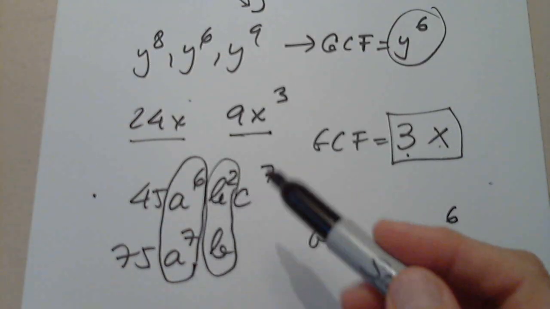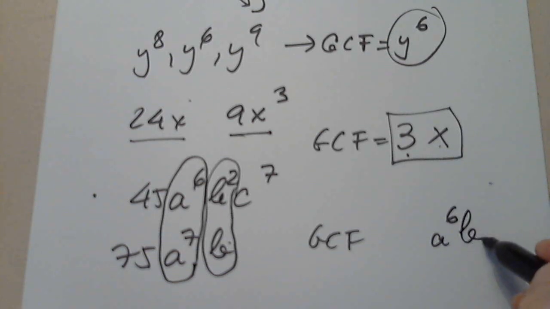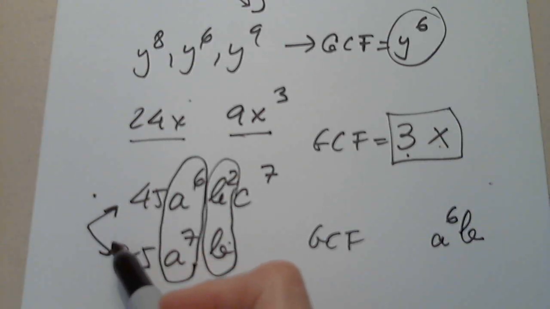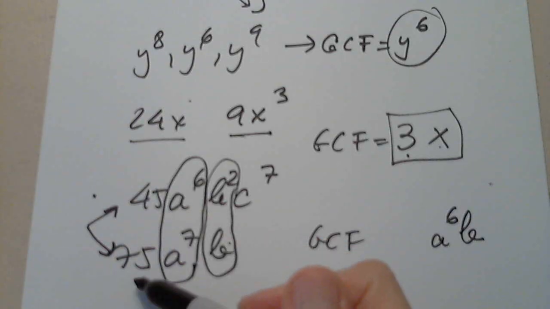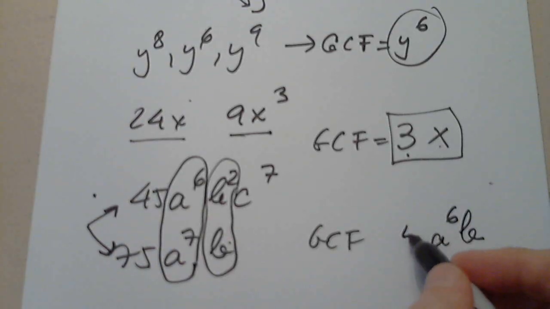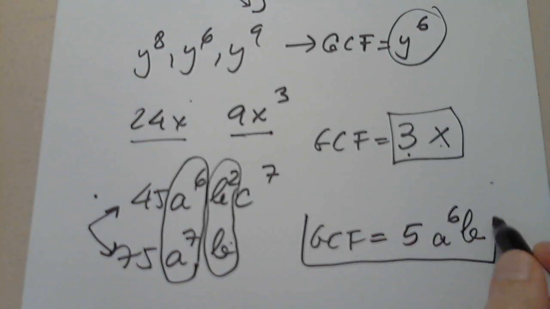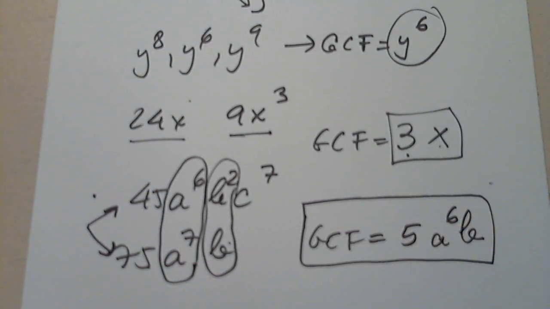For b squared and b, it is just b. c is not a common factor, so it cannot appear in the greatest common factor. Now the analysis is only about 45 and 75. 5 times 9 is 45, and 5 times 15. So the greatest common factor is just 5a to the 6th times b.